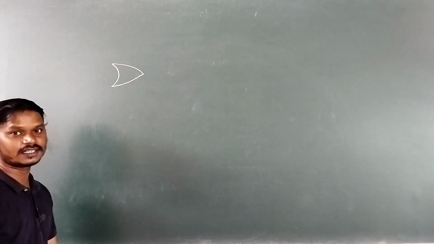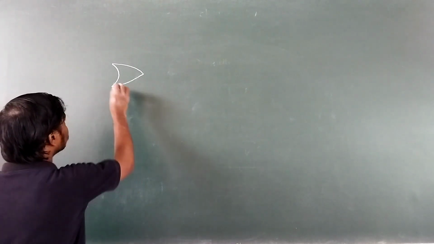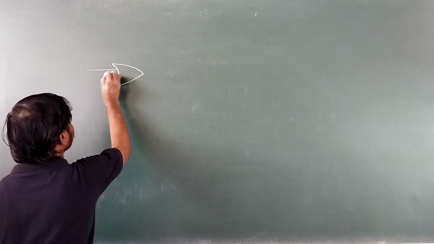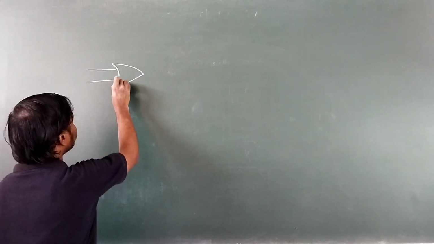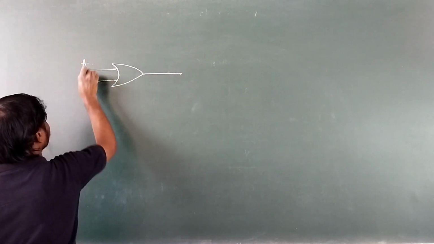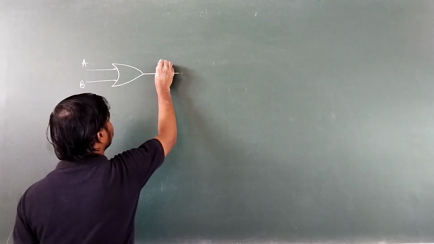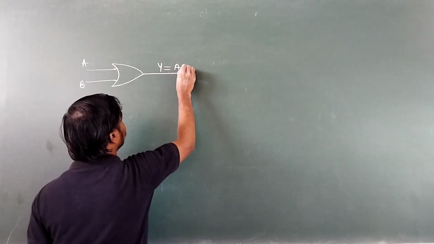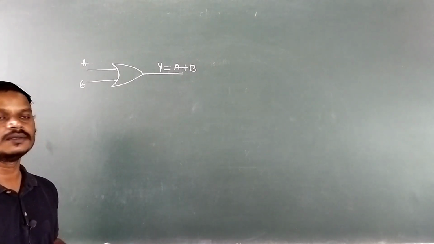But in case of AND gate, the base is straight and the face is curved. In case of OR gate, the base is curved and the face is arrow. This is the symbol of OR gate. There are 2 inputs, A and B. The output is 1, so Y is equal to A or B. This can be read as A or B.